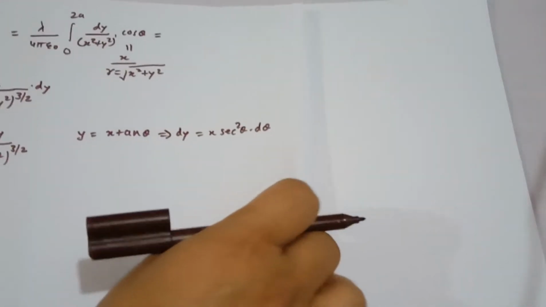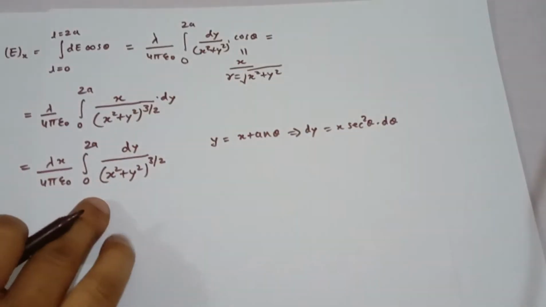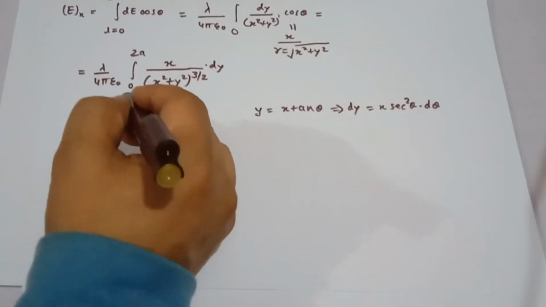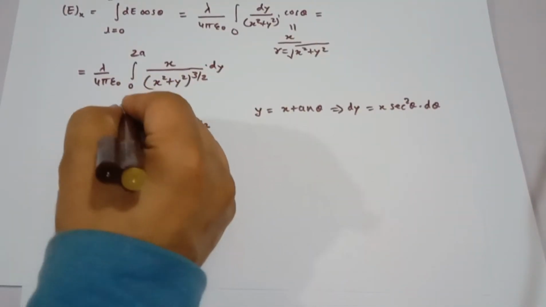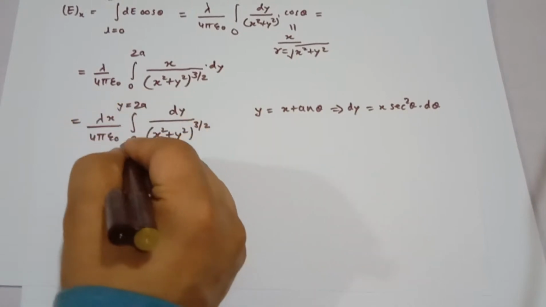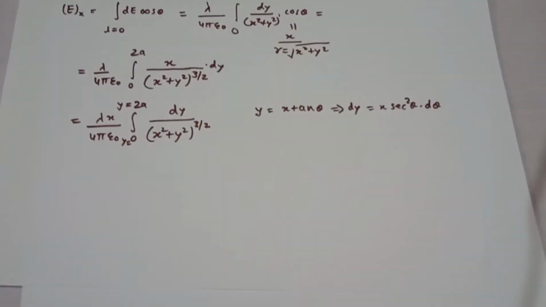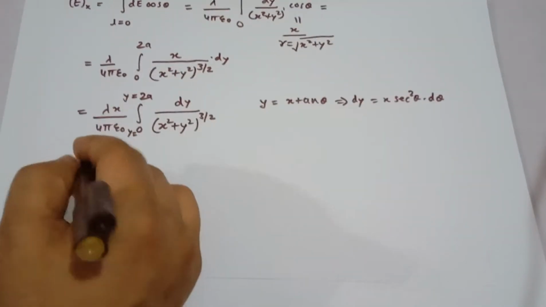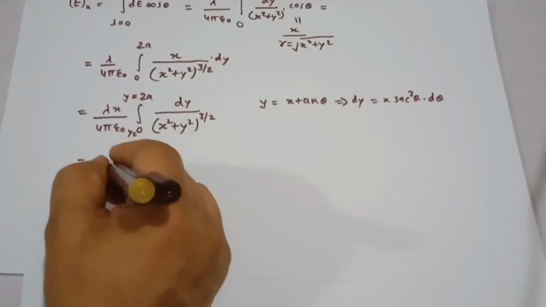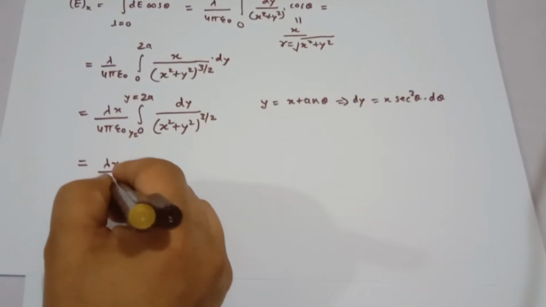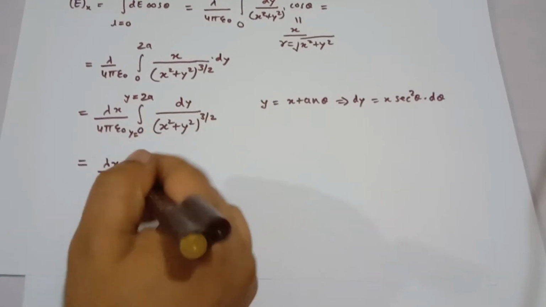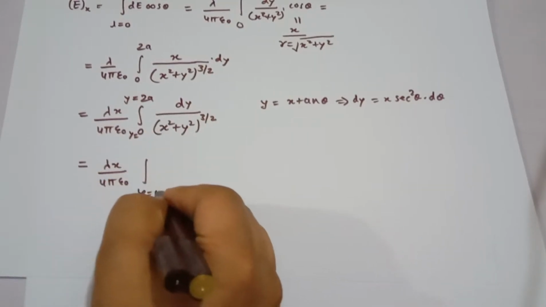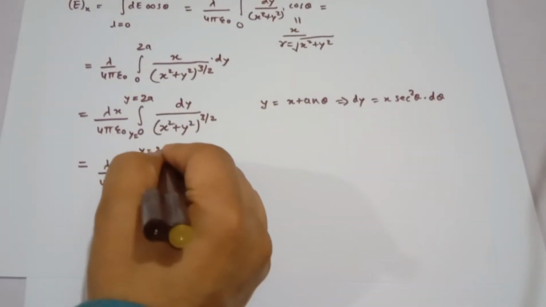And then you can put this value here in the integration. One thing to be noticed is that this 2a is for y, and that has to be noted down. So the integration would be lambda into x divided by 4 pi epsilon naught, and the limit is from y equal to 0 to y equal to 2a.